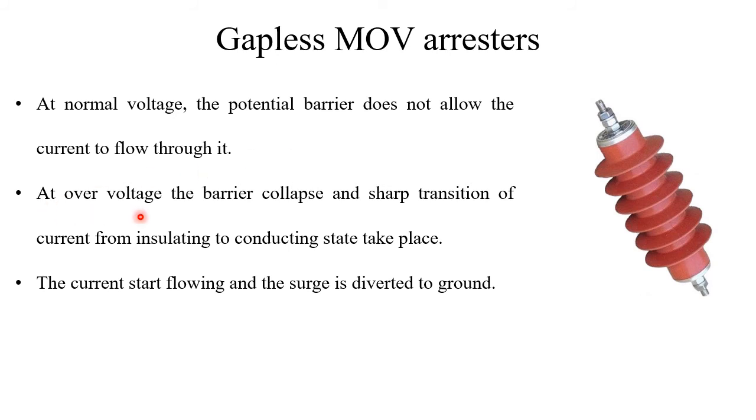At over voltage, the barrier collapses and a sharp transition of current from the insulating to the conducting state takes place. So now this insulator becomes a conductor at the over voltage, and the current starts flowing through this arrester, which is connected between the conductor and the ground. So the high voltage or current flows to the ground, thereby protecting the load.